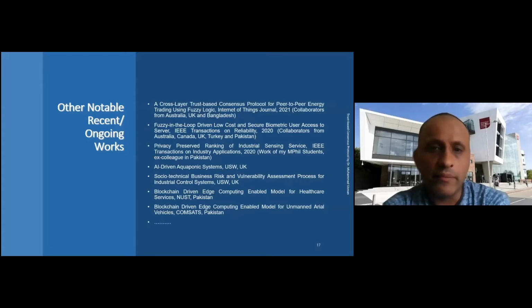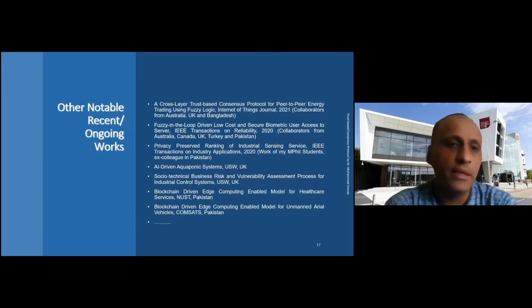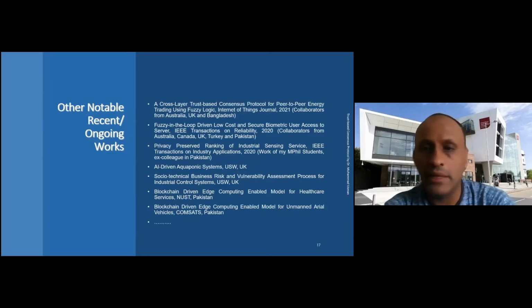Privacy preserved ranking of industrial sensing service. So this is one of the ongoing work which we are doing related to smart cities, where we have a number of automated services. Those could be discovered and ranked based on certain mechanisms.